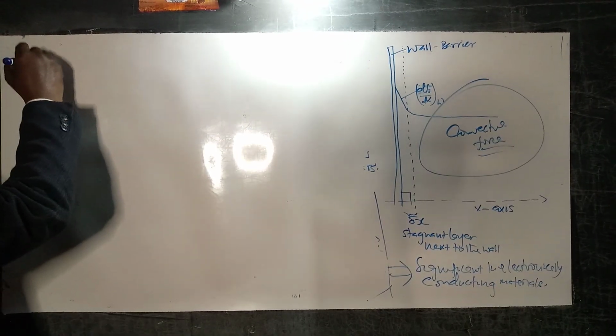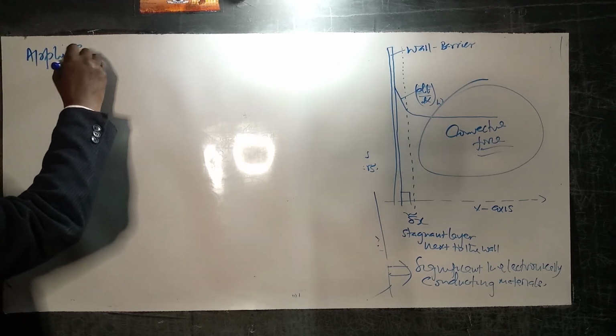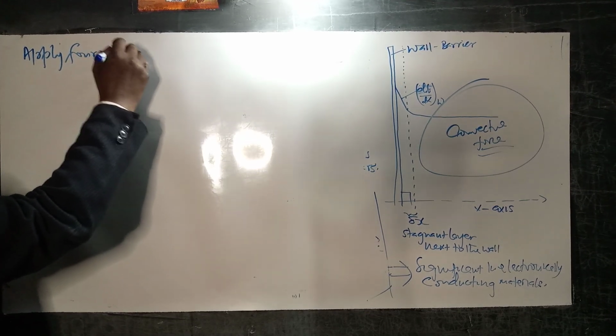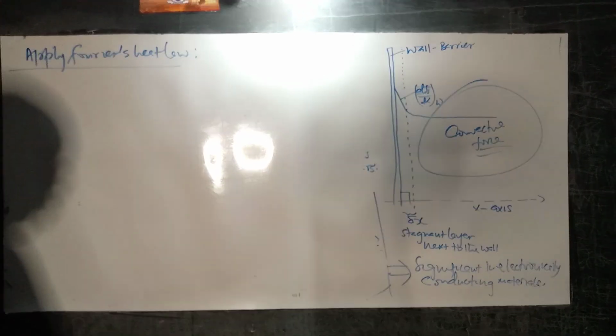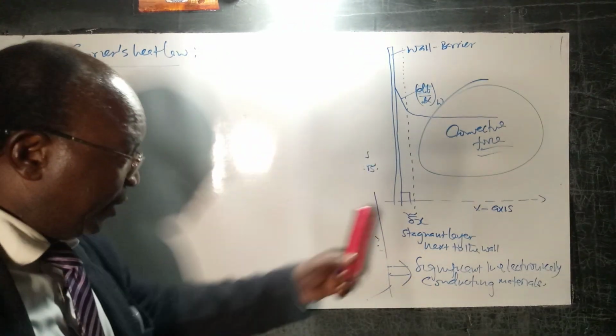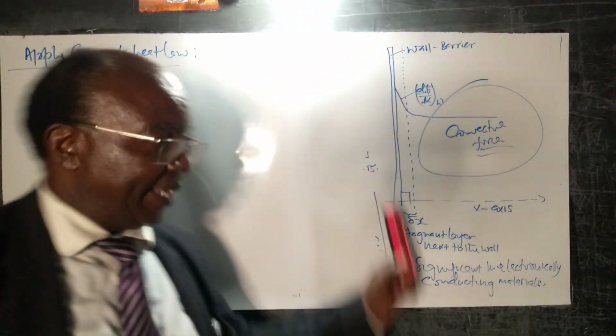So let's apply the Fourier heat law to that neutral surface, this what we called the barrier.